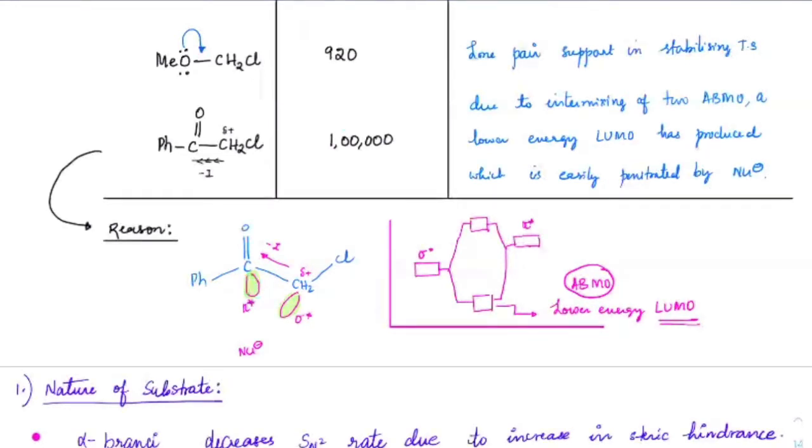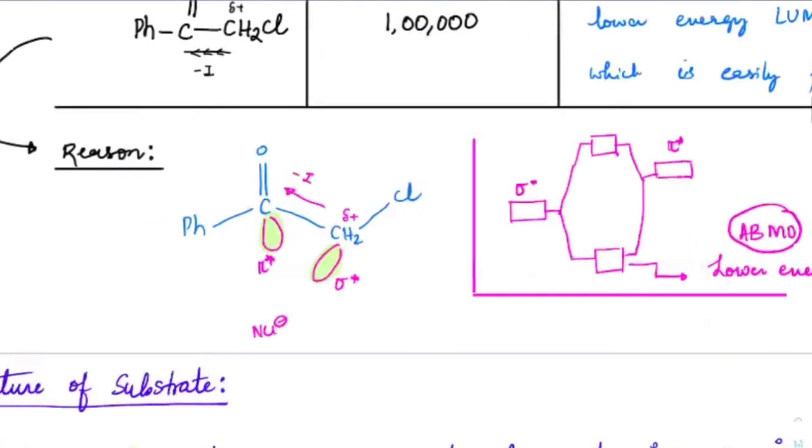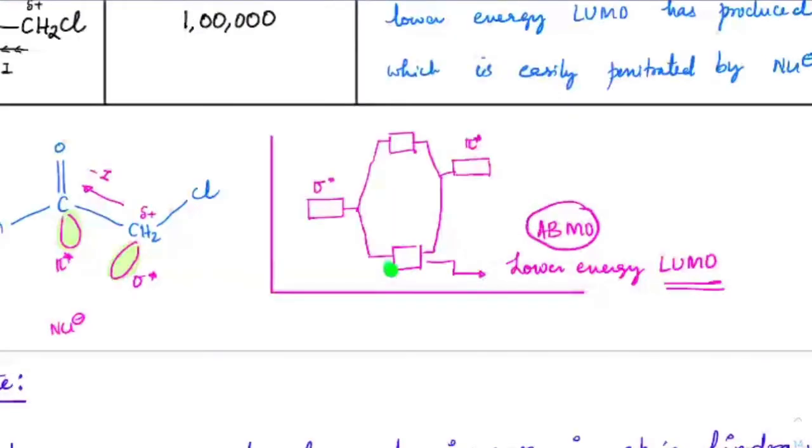in the molecular orbital of the carbonyl carbon, if you check, it has a pi star orbital which is almost coming close to the sigma star orbital of CH2. Now, when the nucleophile approaches here, both this pi star and sigma star will intermix to give an even lower energy molecular orbital.